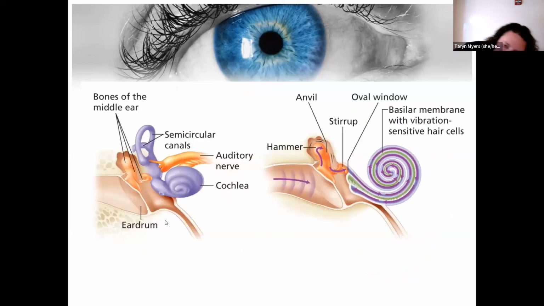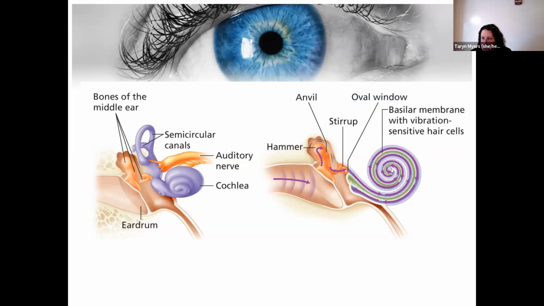Here's some zoomed in where you can see the eardrum and then those three little bones of the middle ear attaching to the round window, and then that attaching to the cochlea and the auditory nerve, translating that up to the brain.